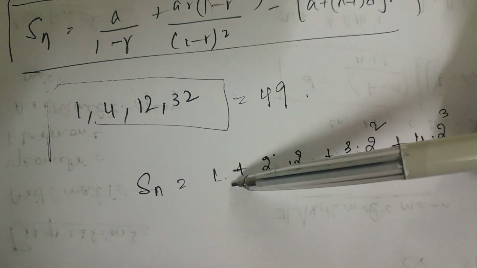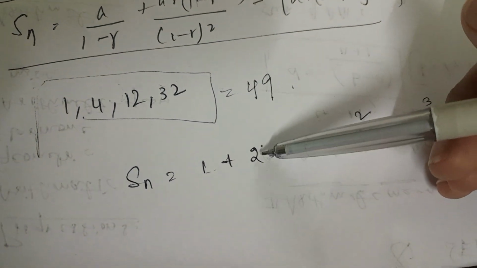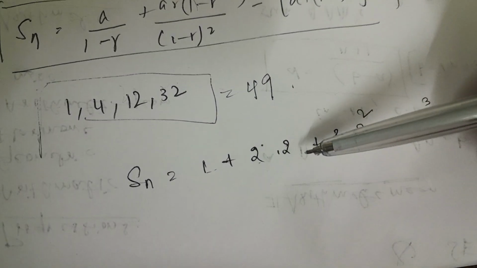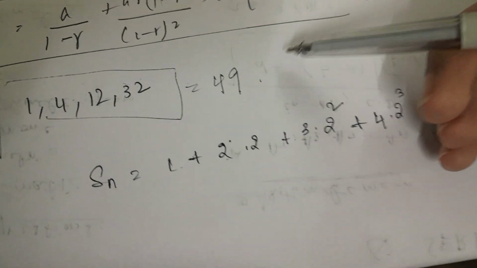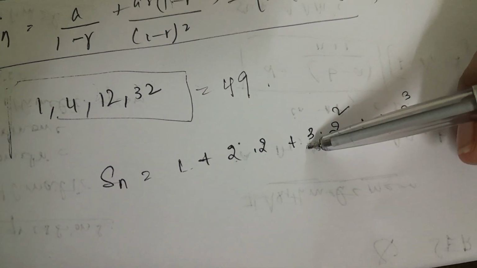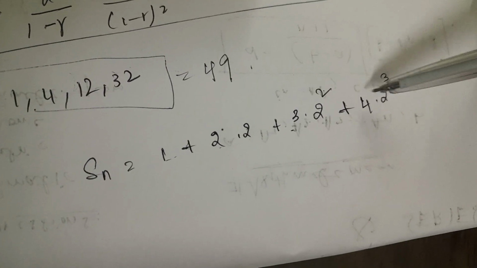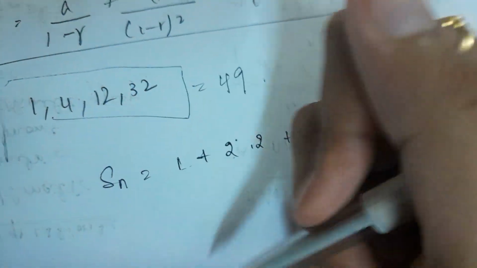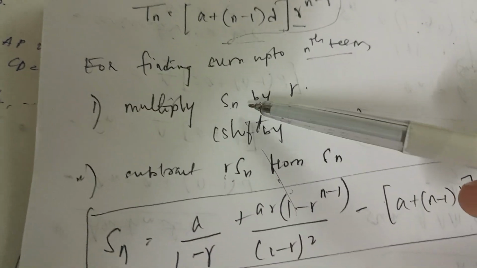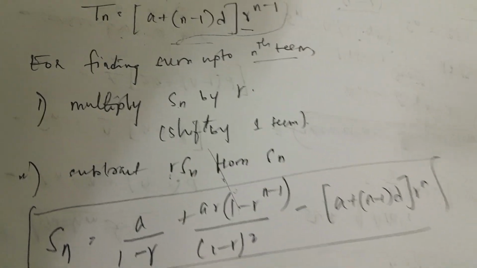So the first term is 1, and then I have the next term of the arithmetic progression as 2 multiplied by the common ratio 2, and then I have the next arithmetic term 3 multiplied by the common ratio squared. You get the point.